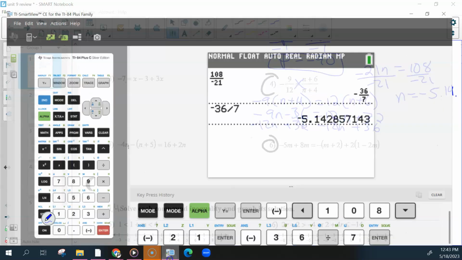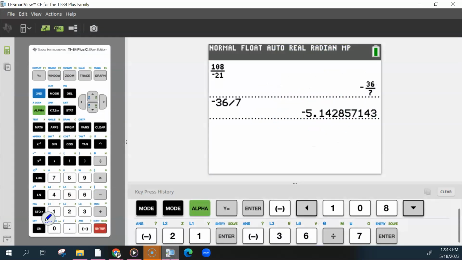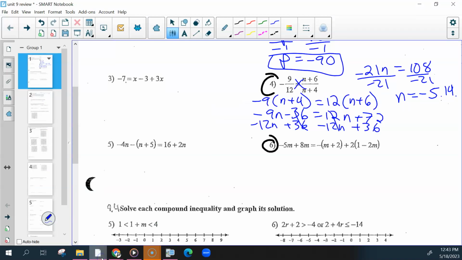Or you can put it in as a fraction, and it'll simplify it for you. You can write your answer in either. -36 over 7. That was all supposed to be boxed together. What questions do we have on that one?